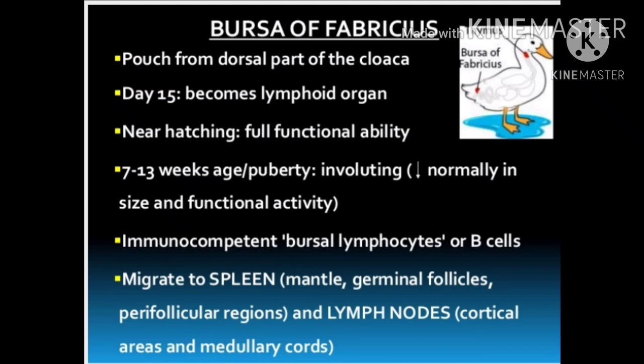Okay, at puberty, or on attaining the age of 7 to 13 weeks, it gets involuted. It is an immunocompetent structure capable of producing lymphocytes or B cells that are known as bursal lymphocytes. Okay, then they migrate to the spleen. So, the correct option for this question is option C, bird.